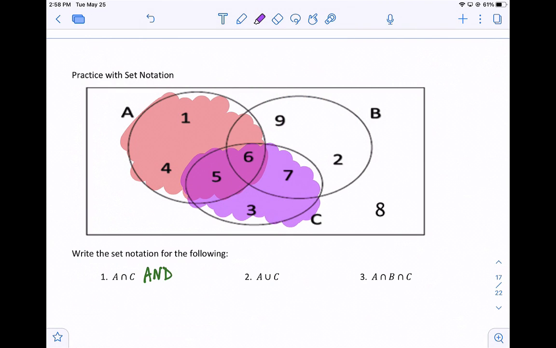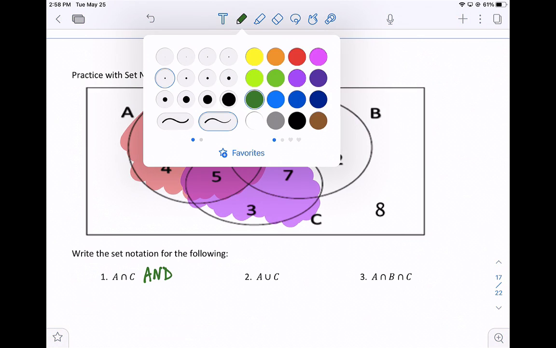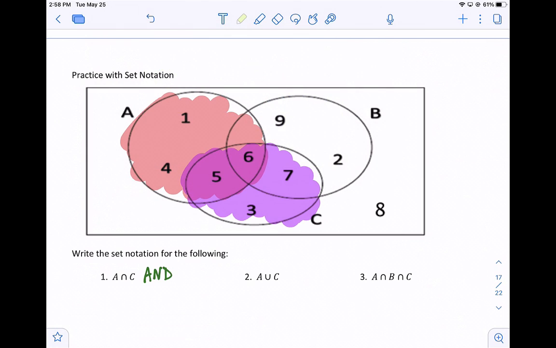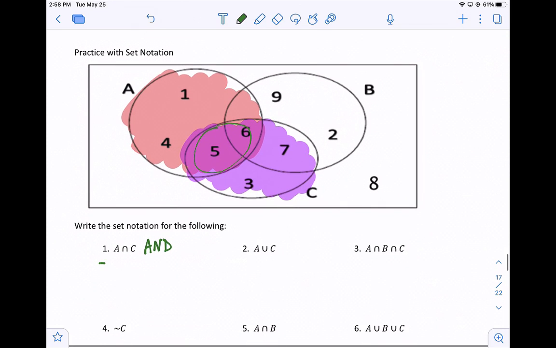So this is saying what's in set A and set C, and that would just be 5 and 6. Oh my gosh, my curly brackets. All right, so 5 and 6 are in set A and set C.